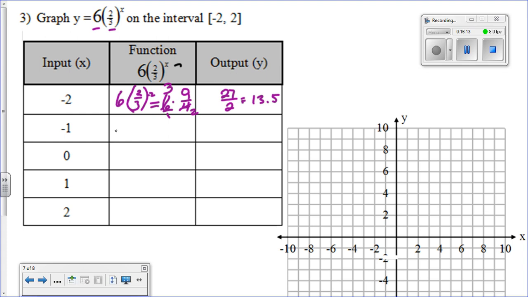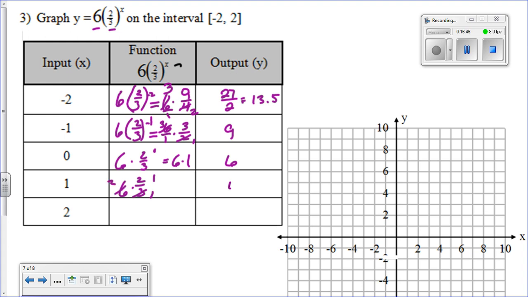Continuing on, 6 times 2/3 to the -1st would be 6/1 times 3/2. 2 goes in there once, 2 goes in there 3 times, so this gives you 9. 6 times 2/3 to the 0 power would be 6 times 1, which is 6. 6 times 2/3 to the 1st power. Let's see, 3 goes in there once, 3 goes in there twice.